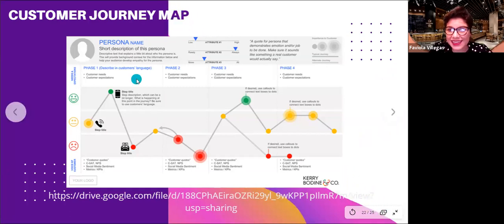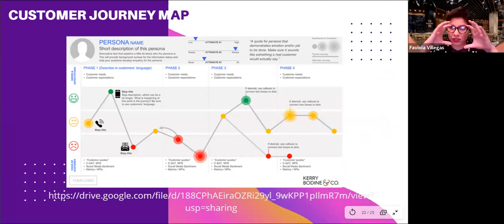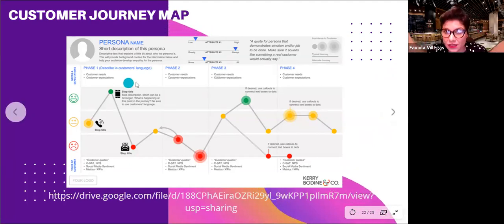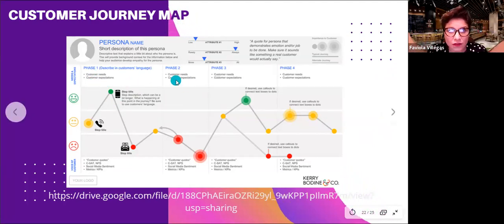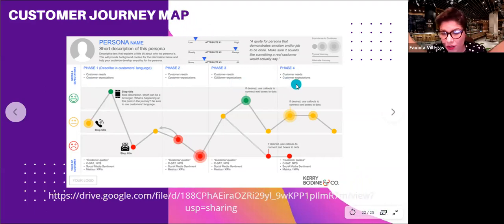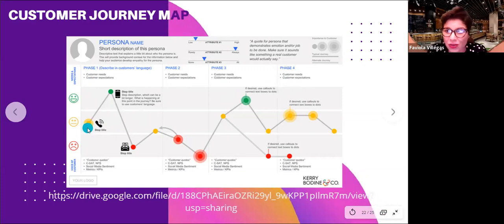You need to divide your journey, the experience of your customer in your company, by phases. Phase 1, phase 2, phase 3, phase 4. And you need to evaluate very clearly whether this experience is passive, positive, or negative.